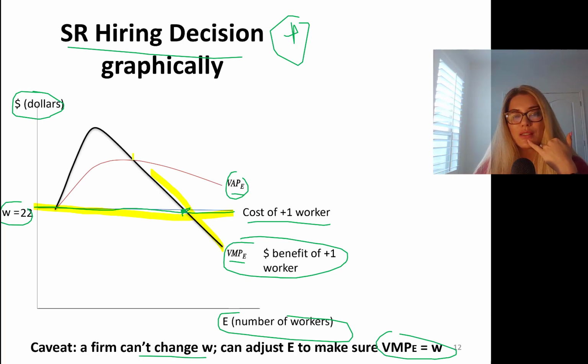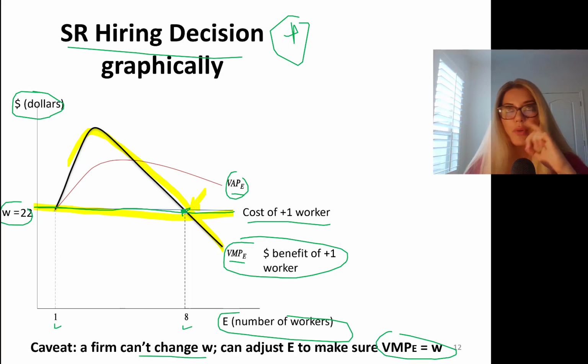If they intersect. Okay, they intersect in 2 points. We'll talk about that. We never choose this point. We are talking about this point. Okay. So we have 2 points, right? I can either hire one person or 8 people. We will never choose this one person level.